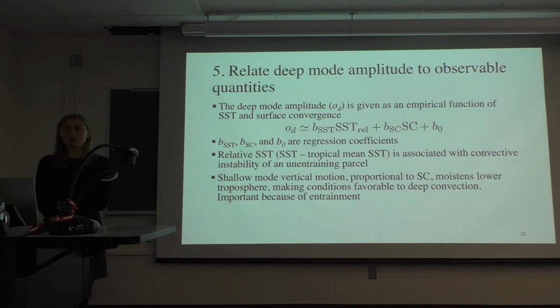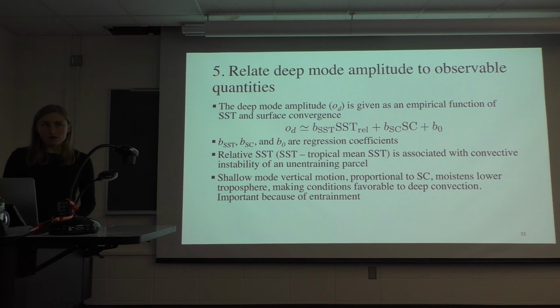So what this is saying is where there's lots of vertical motion in the shallow part of the atmosphere, there's likely to be vertical motion in the deeper part of the atmosphere. The reason that makes sense is that shallow convection tends to warm and moisten the atmosphere, which, because of entrainment, preconditions the atmosphere to have favorable conditions for deep convection.